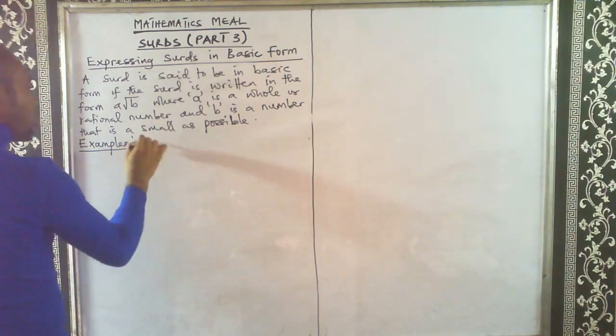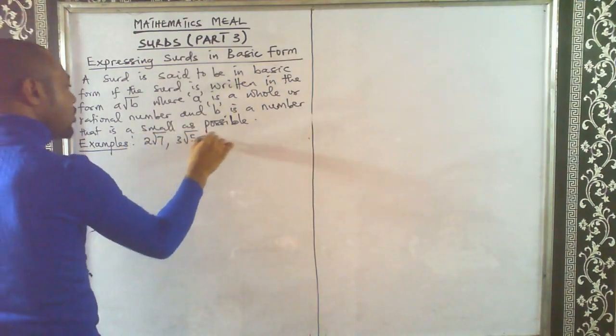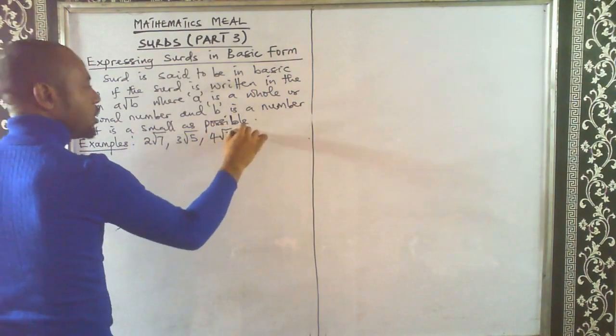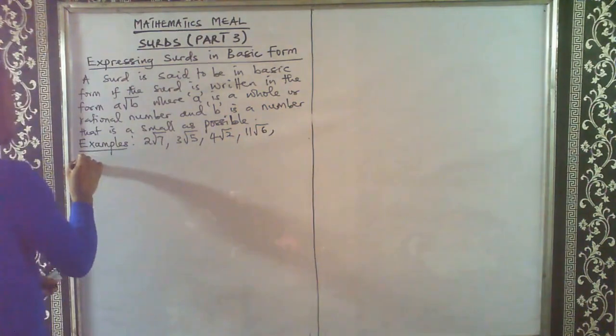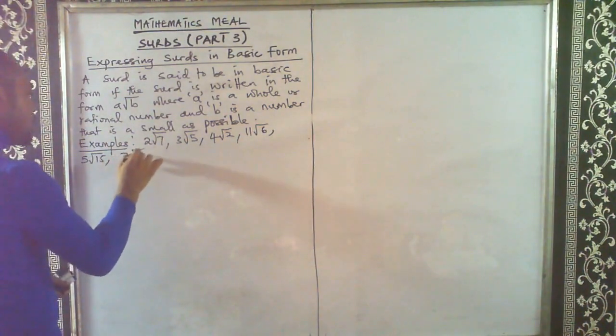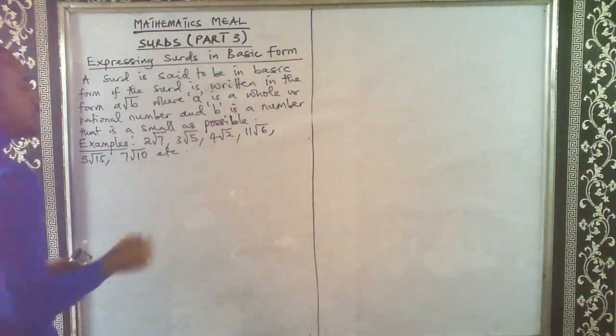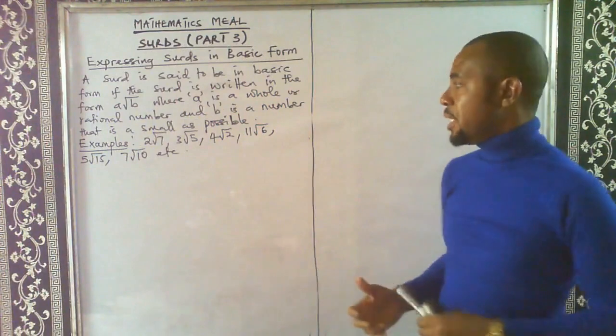Examples, we can have 2 root 7, 3 root 5, 4 root 2, 11 root 6, 5 root 15, 7 root 10, etc. Now, all these are examples of surds that are in basic form.